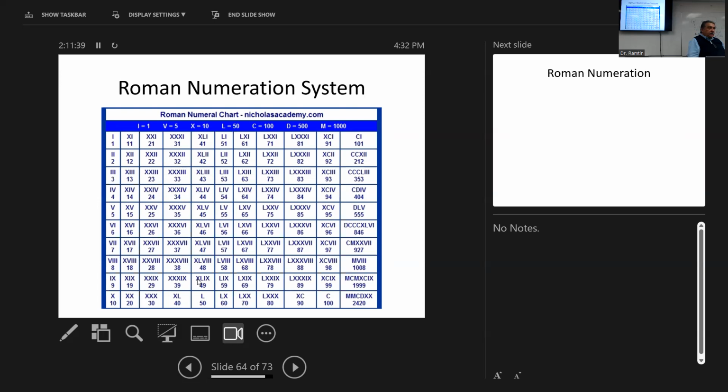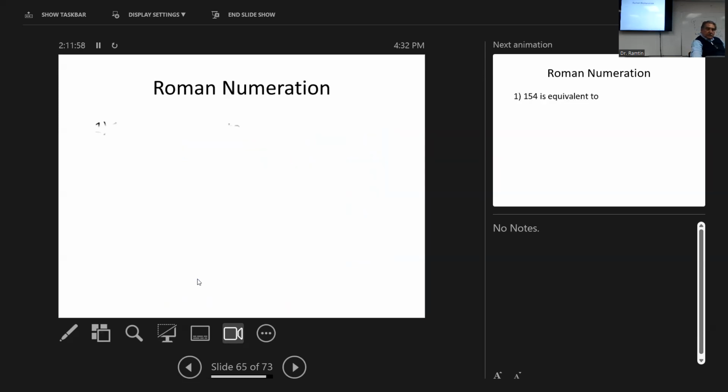to fail. Because just imagine if you were an engineer using the Roman numeration system. I mean, it would be impossible to create calculators, computers, and all that. But for example, I put 154 is equivalent to CLIV in the Roman numeral system.